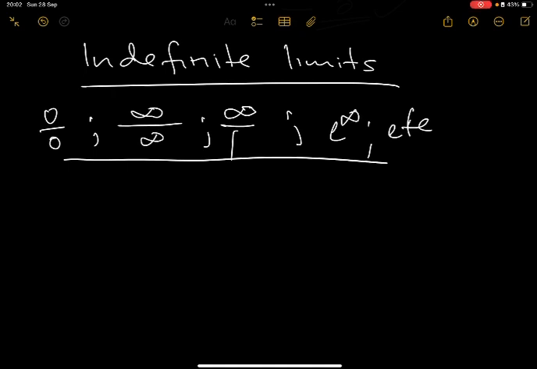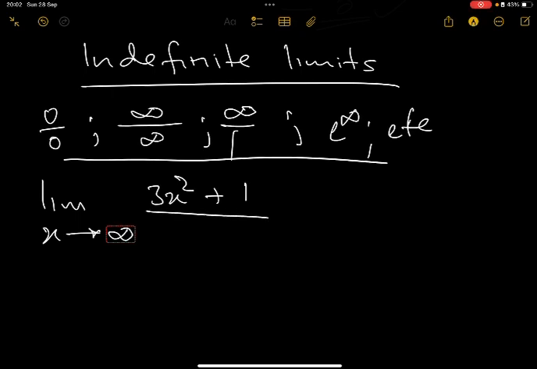So let's take, for example, the limit as x approaches infinity of 3x squared plus 1 over x squared plus x. We want to deal with this limit.